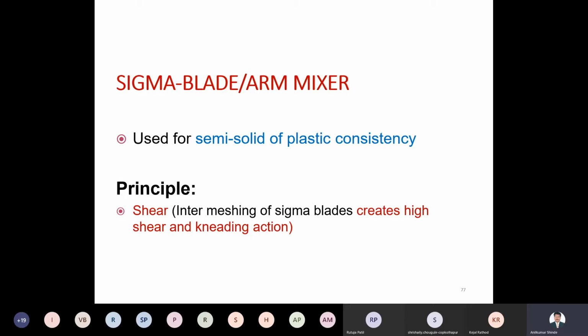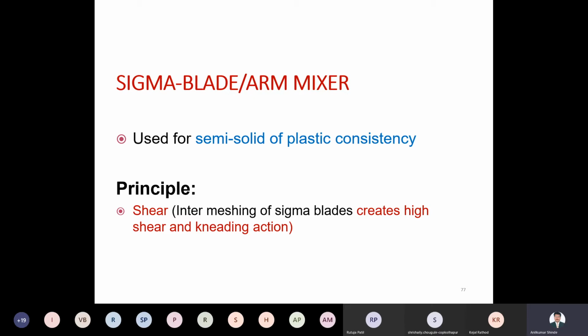If you want to mix semi-solid material, or to a powder mixture you add some solvents and prepare the damp mass or the cohesive mass, that is called a semi-solid mass. So if the material mixes properly into a uniform mixture and produces a cohesive mixture, that's why sigma blades can be used, right?